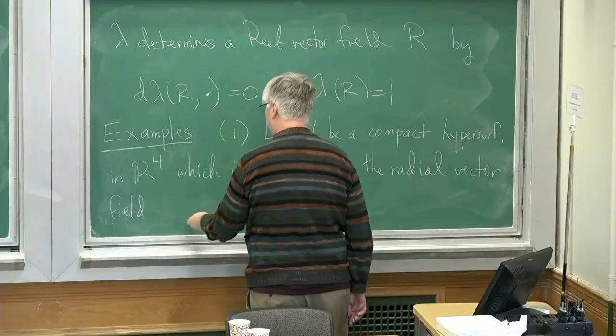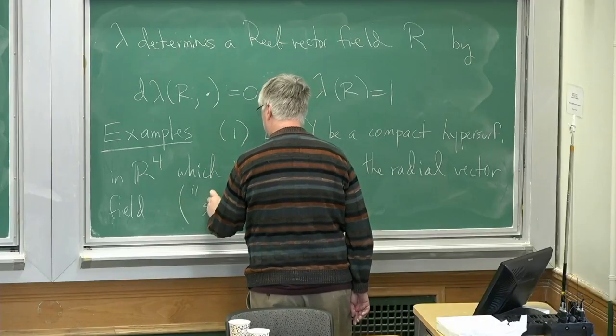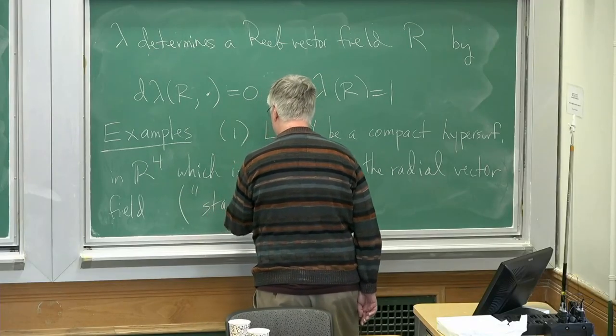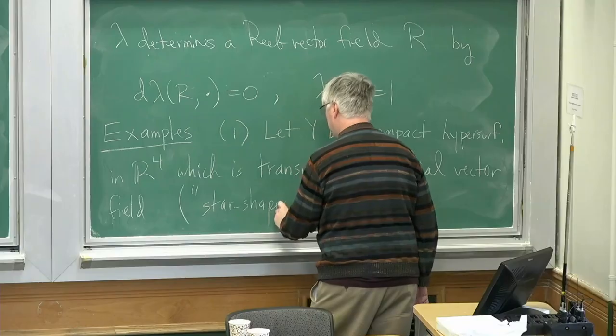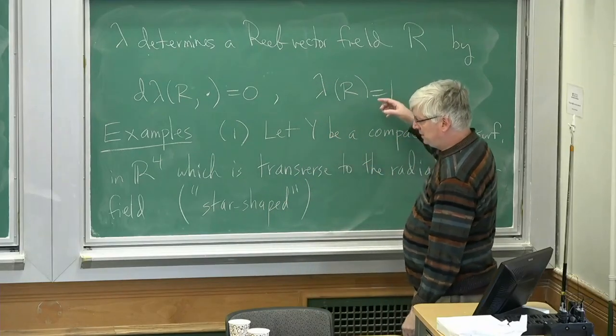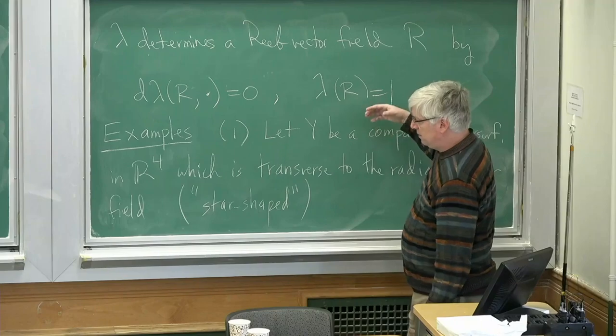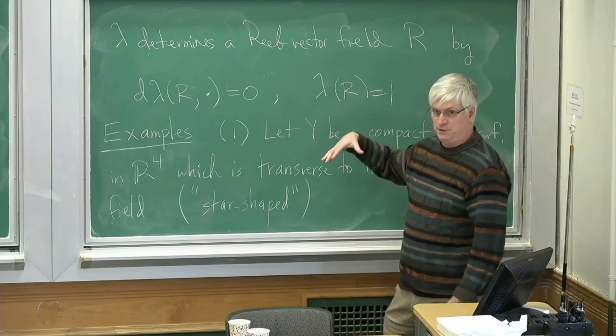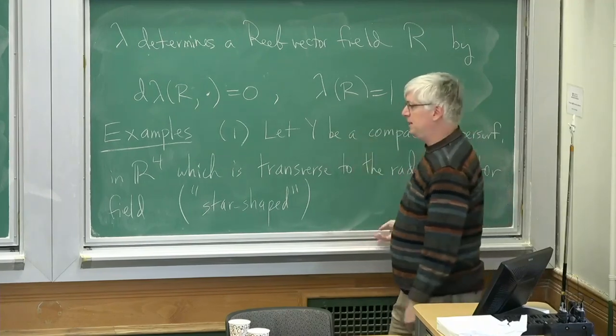In symplectic geometry, we call these star-shaped, which is a slight misnomer, but the condition I'm assuming implies that the compact four-dimensional domain bounded by Y is a star-shaped set.